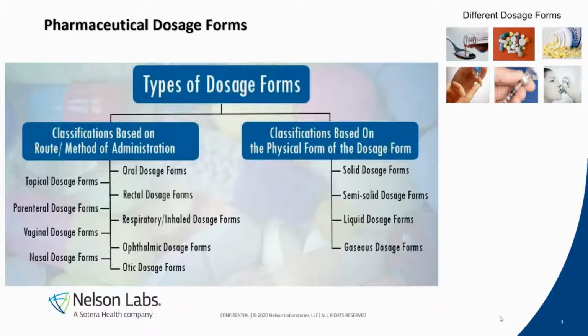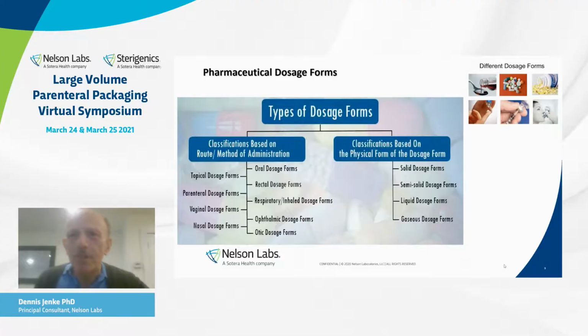The bottom line is, if you think of pharmaceutical drug products, or as they're called, pharmaceutical dosage forms, that's a pretty large and diverse population of items. You can think of pills, liquids, items that are injected, items that are applied to the eye, and so forth.